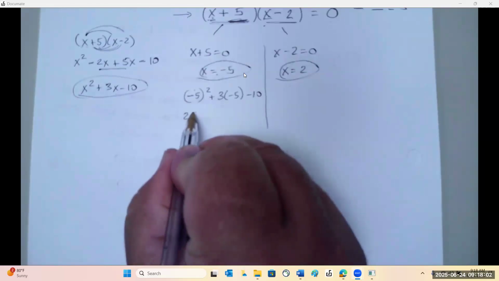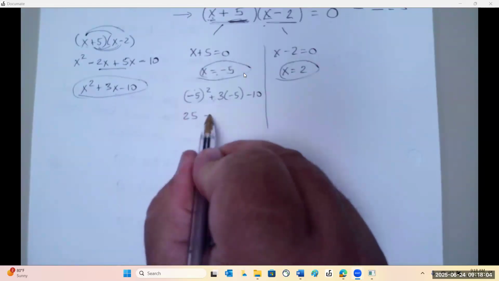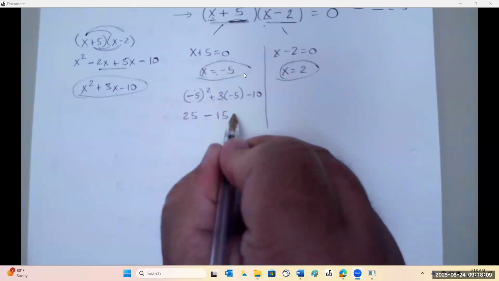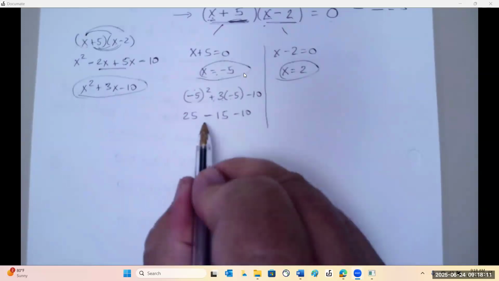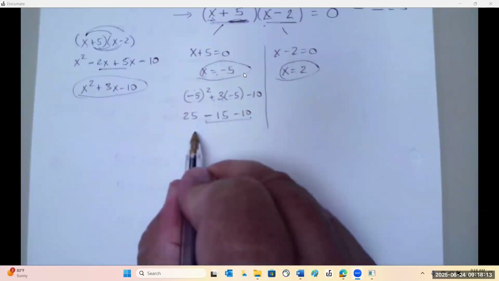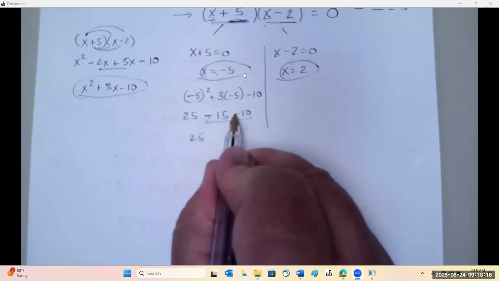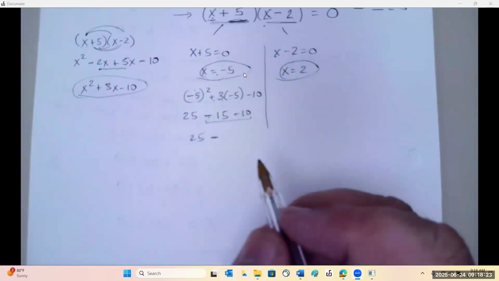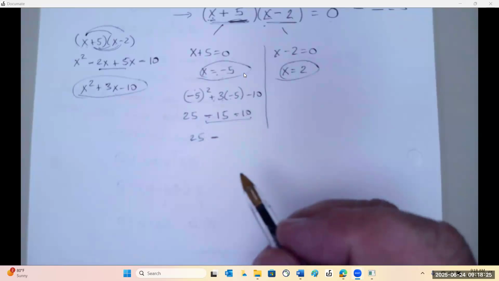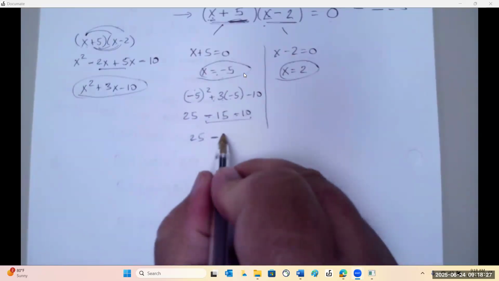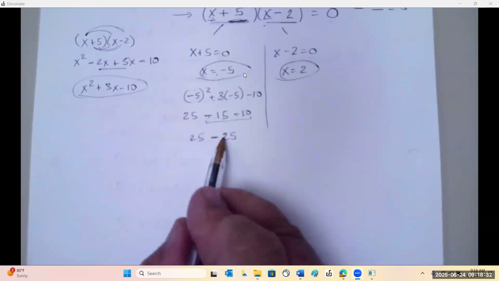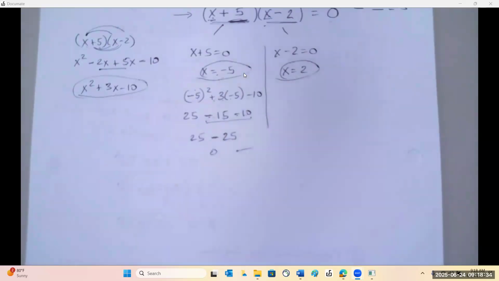Positive 25. Positive times negative is negative. 3 times 5 is 15 minus 10. So it's 25. Since these are both negative, 15, negative 10. They're both negative. What do I do with the numbers? If they're the same signs, what do I do? Add them. 15 plus 10 is 25, so 25 minus 25 is 0. Check, that works.